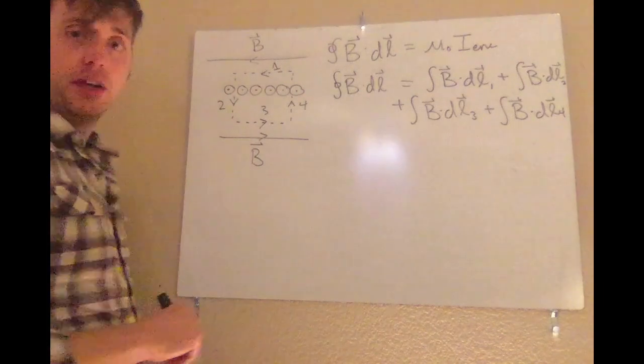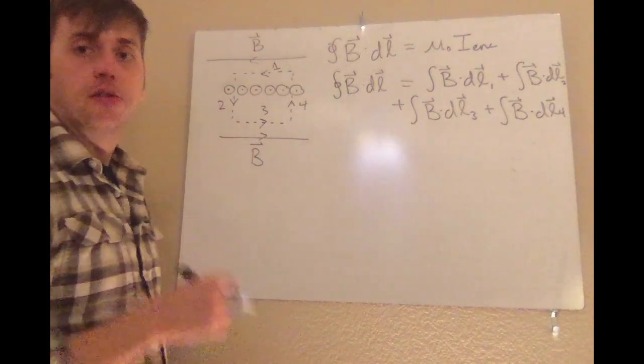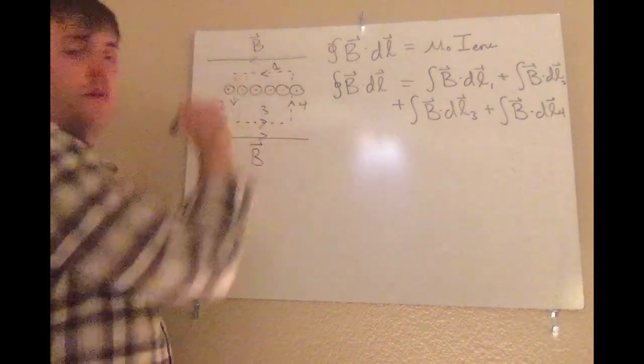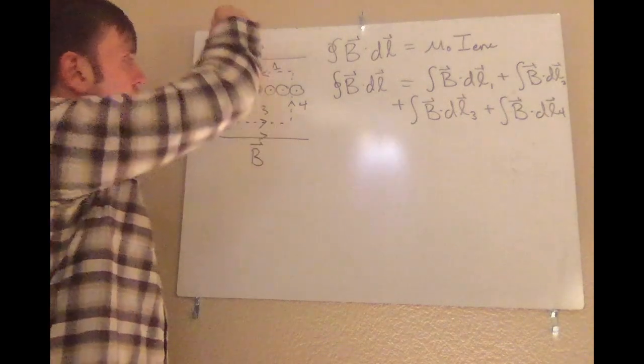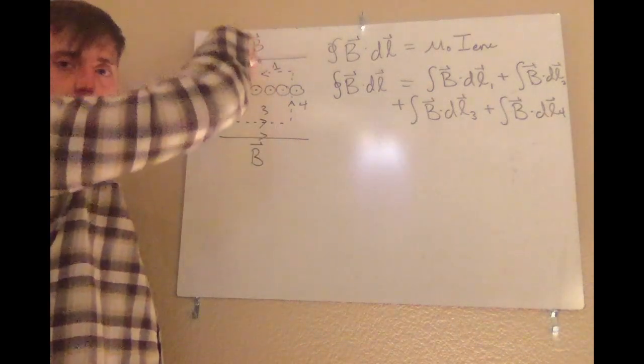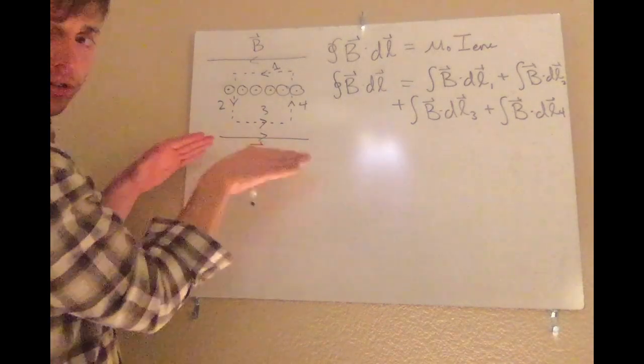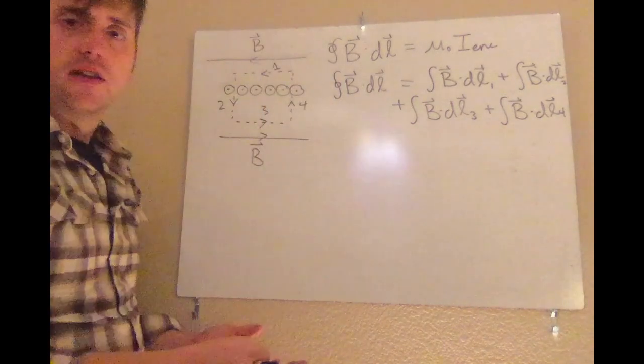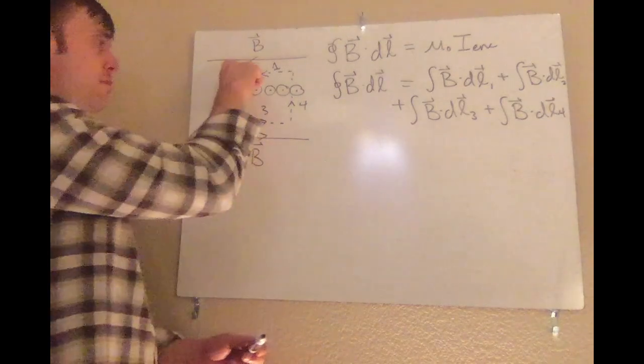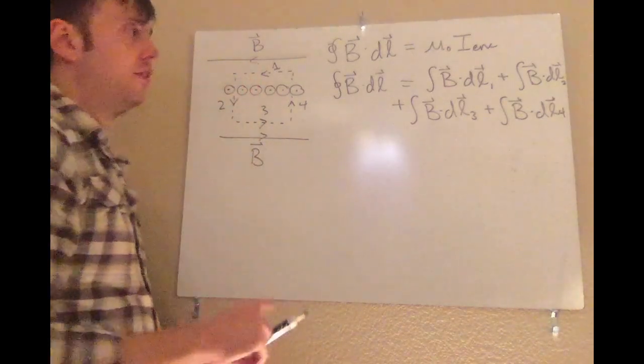Now some of these we can immediately argue are going to go to 0. In particular, I want to think about number 2. Notice this path is going straight down, whereas my B field is down here going to the right and up here going straight to the left. So this path is perpendicular to the B field.